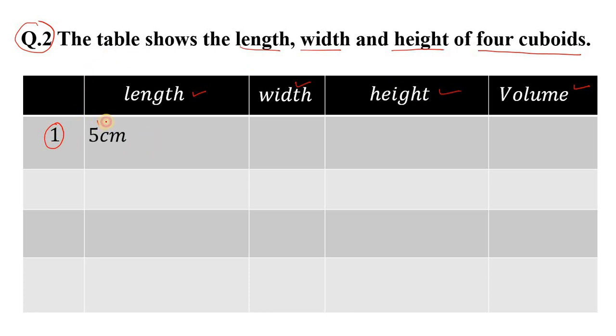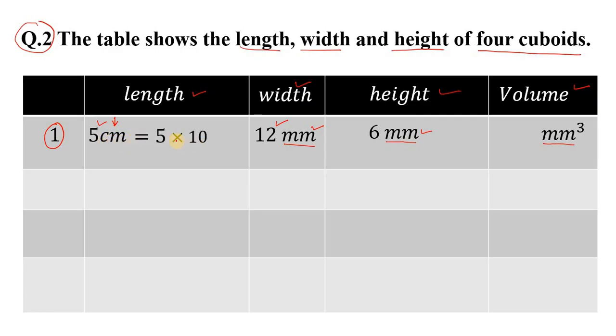The given length is 5 centimeter, width is 12 millimeter, and height is 6 millimeter, and the required answer is in millimeter cube. The width and height are also in millimeter.